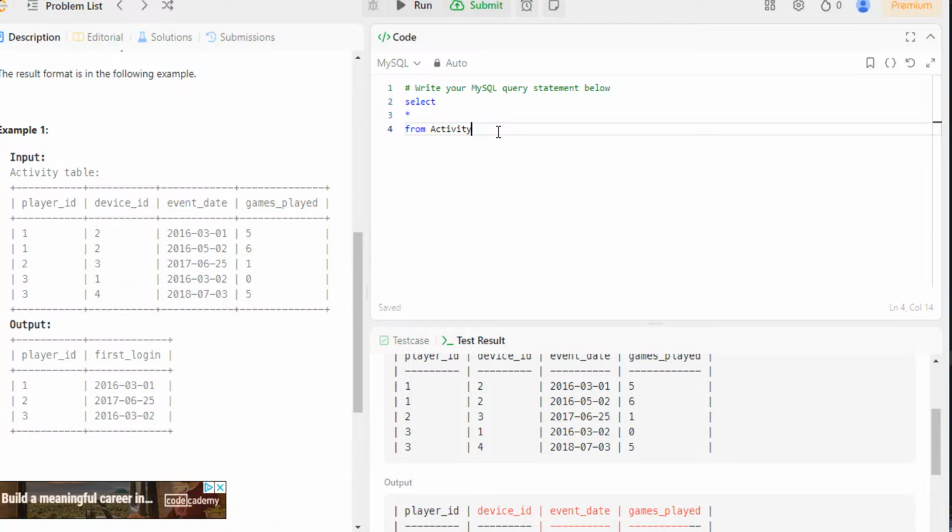So let's look at this. We're going to need player ID, and then first login.